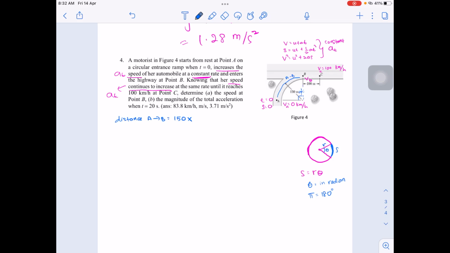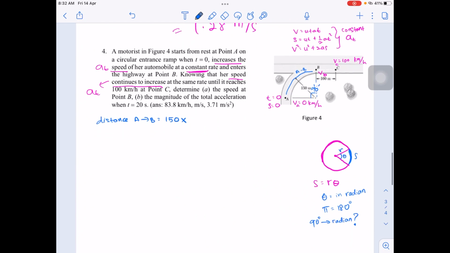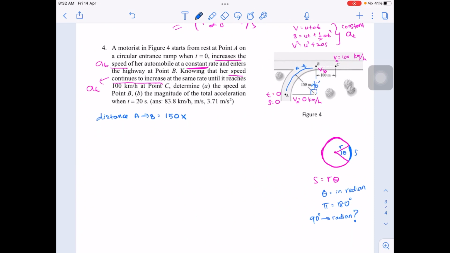So 90 degree you convert to pi. How? 90 degree to radian, to pi pula. Macam mana? So 90 over 180 darab dengan pi.